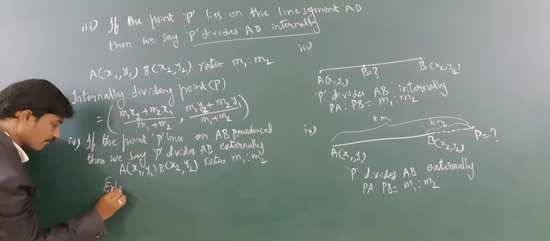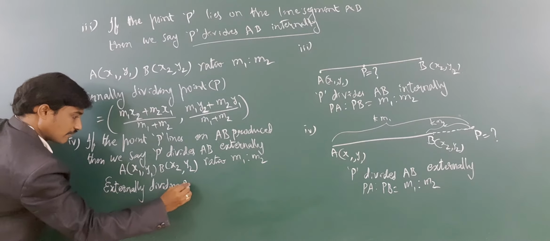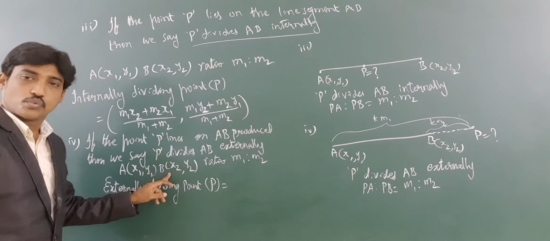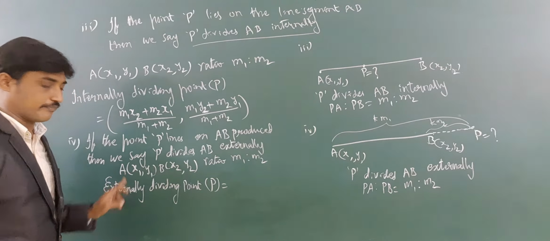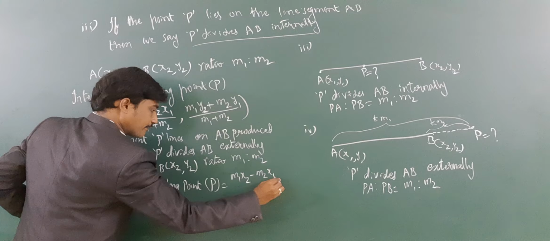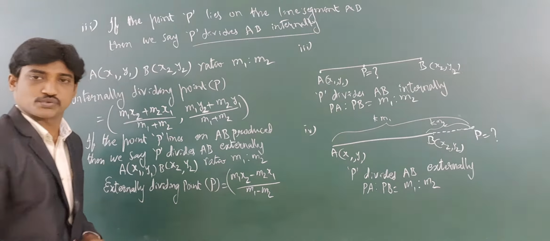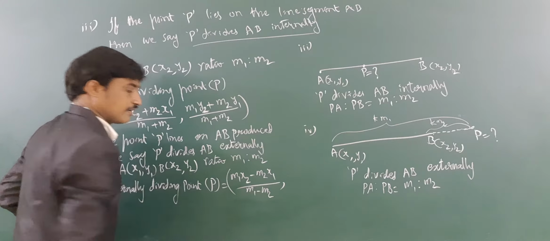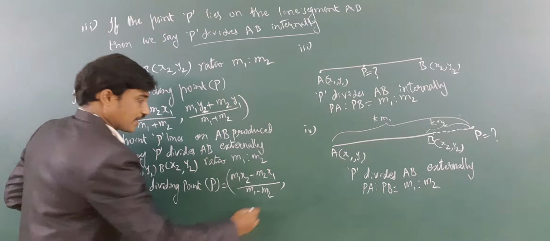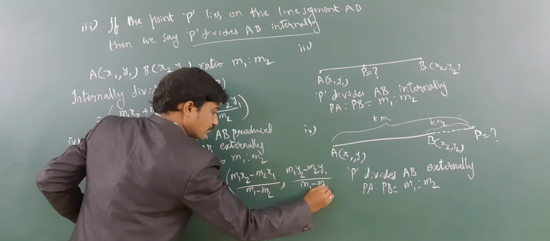The externally dividing point P is equal to the ordered pair (m1 x2 minus m2 x1 by m1 minus m2, comma m1 y2 minus m2 y1 by m1 minus m2).